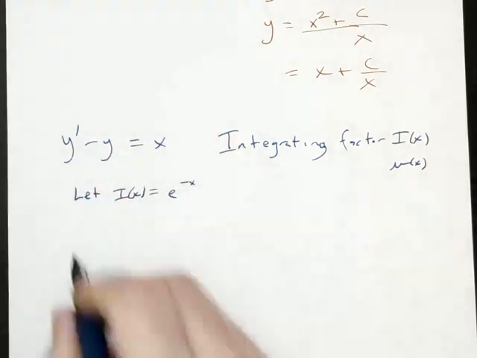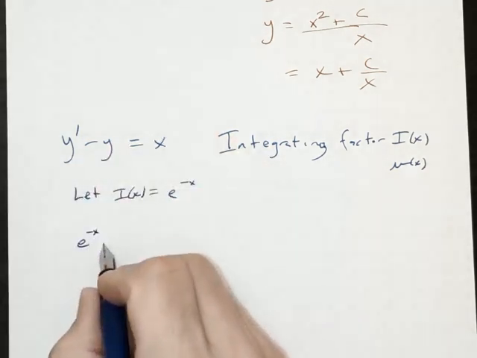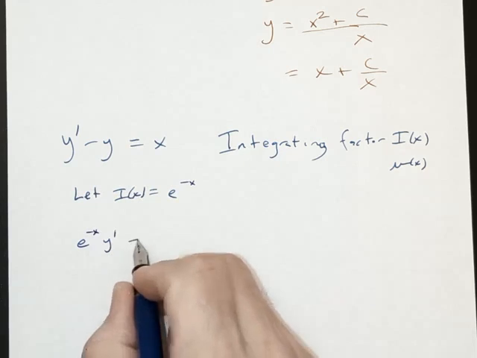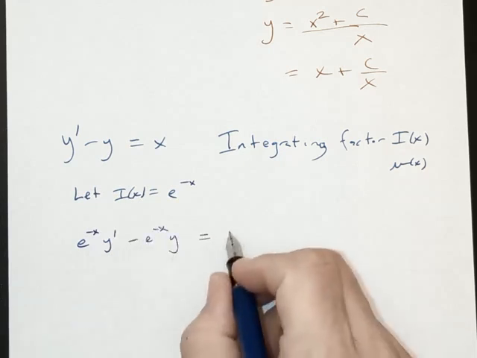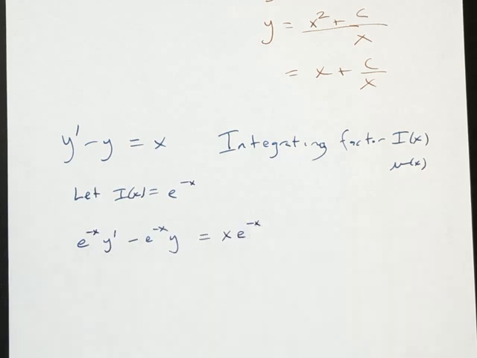Then, on the left-hand side, I have e to the minus x times y prime minus e to the minus x times y. And on the right side, I have x e to the negative x. Now, I claim the left-hand side of that is a product rule.